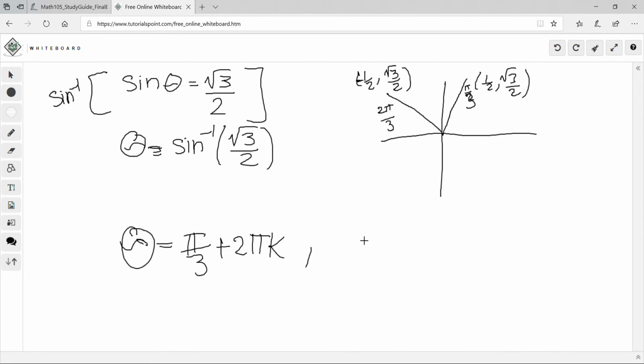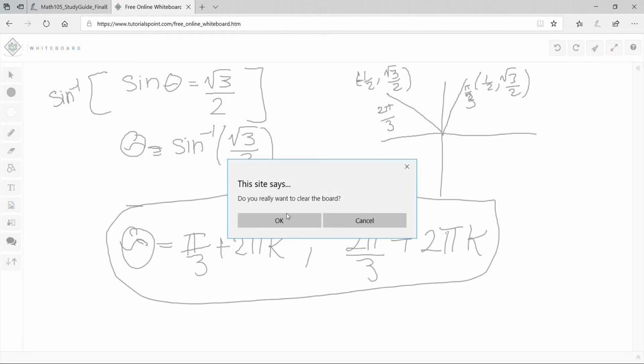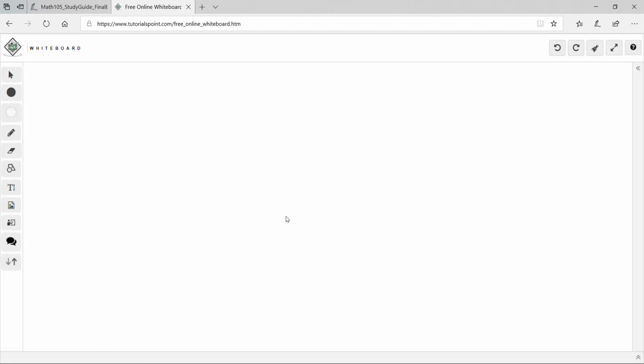And from here, it's 2 pi over 3 plus 2 pi k as well, for the same reason. So that's your final answer. That was 33.